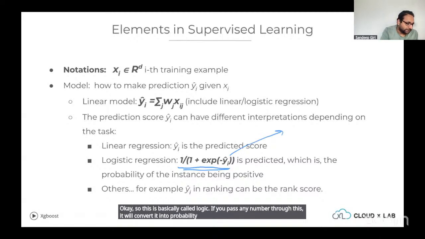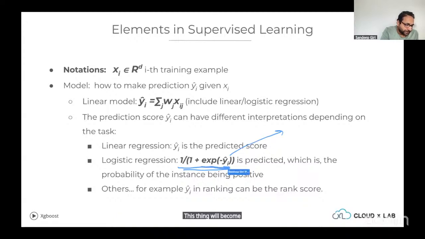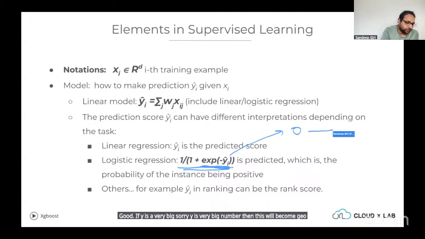If you pass any number through this, it will convert it into a probability. If y is a very small number, what will happen? This thing will become very big and hence it will become zero. If y is a very big number, then this will become 0 and hence it will become 1.